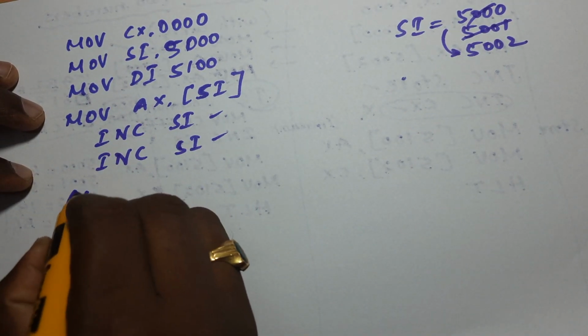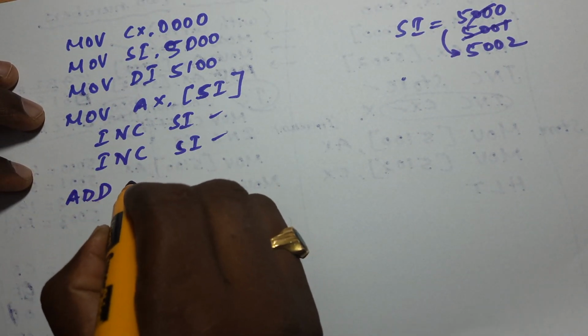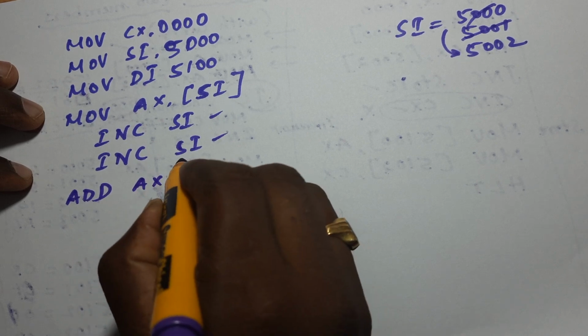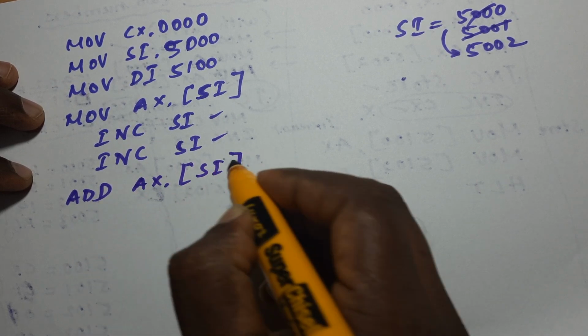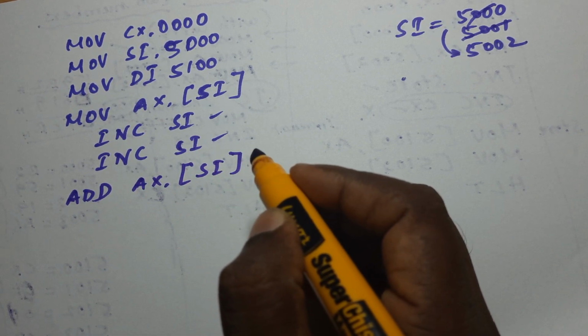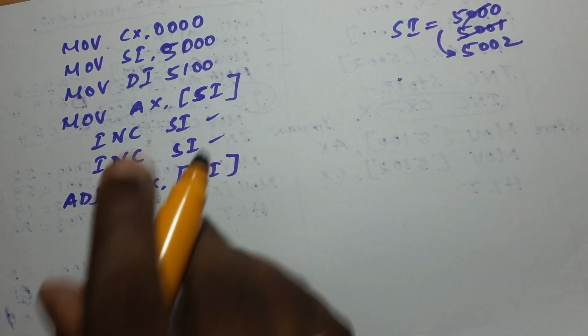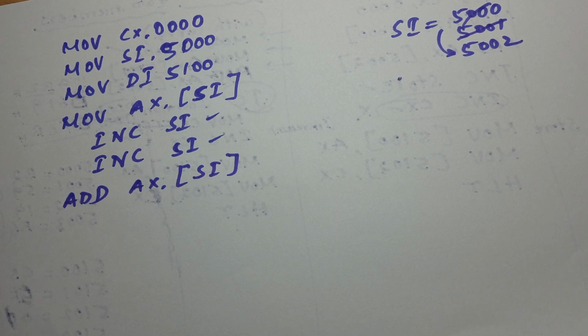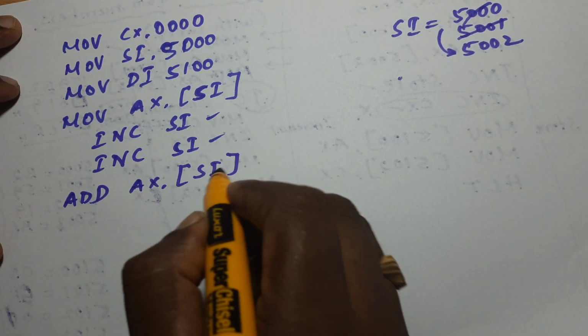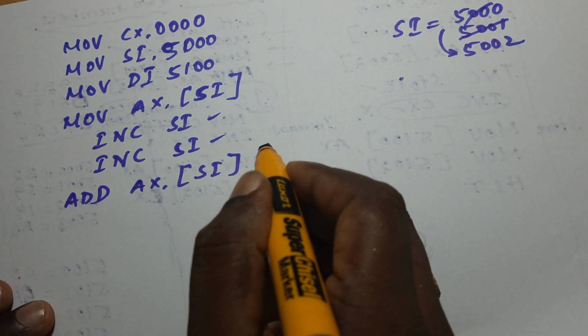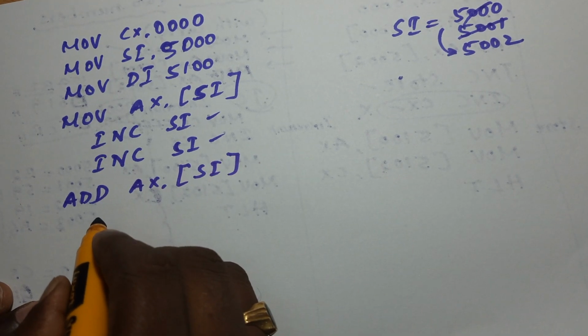Now add AX with the content of SI, which means the values in 5002 as well as 5003 will be added with the values in AL as well as AH.